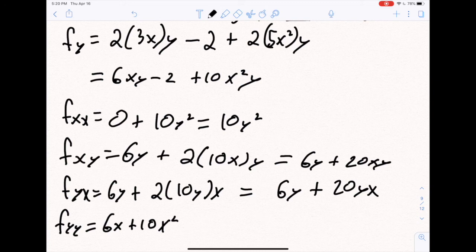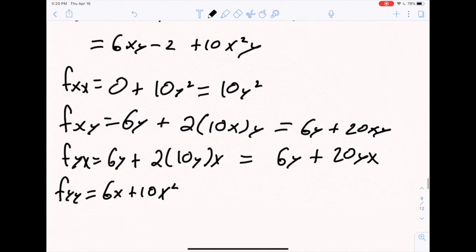Now that we found all of these, the last part of the question was to evaluate fxy at the point (-1, 2). So fxy, again, is 6y + 20xy, evaluating at the point (-1, 2). That means we're going to plug -1 in for x and 2 in for y.